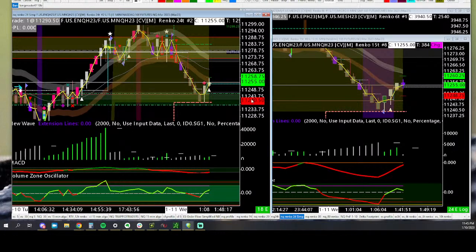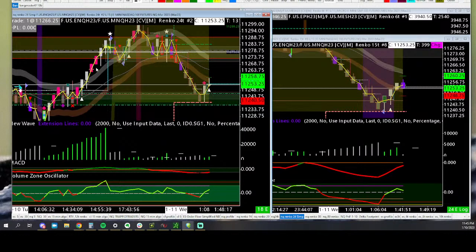I can let the system just alert me to, hey, this condition is occurring at this moment, and it is up to me to decide whether or not that condition means anything, because the algo is not sophisticated enough to determine where I should trade.